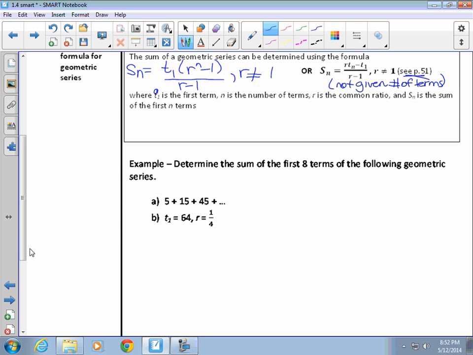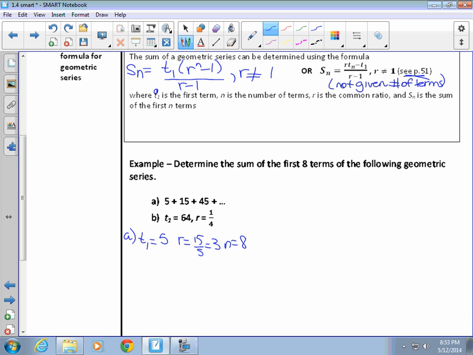So the first example says, determine the sum of the first 8 terms of the following geometric series. So A, we have 5 plus 15 plus 45 plus so on. So first thing we always do is we identify our variables. So T1 for this is equal to 5. My R is equal to 15 divided by 5, so that's 3. My N told me that there was 8 terms.